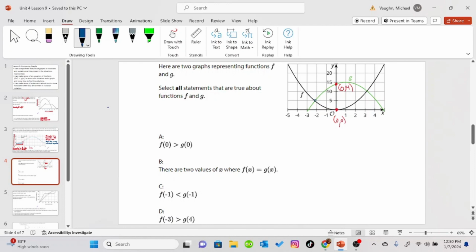One point is right here at about (-2, 15), and again here where they cross at about the point (3, 110). The functions are equal to each other where they cross each other. So B is correct.